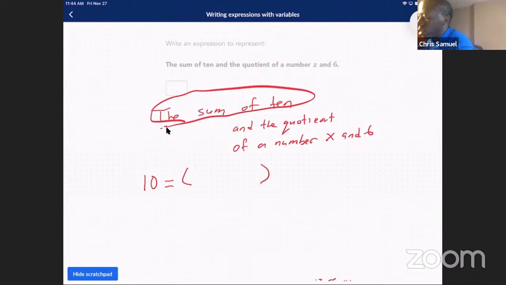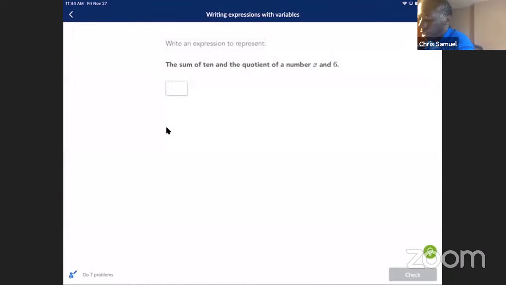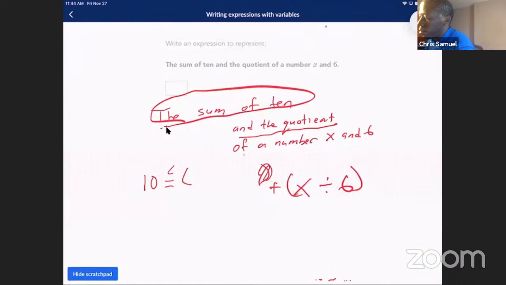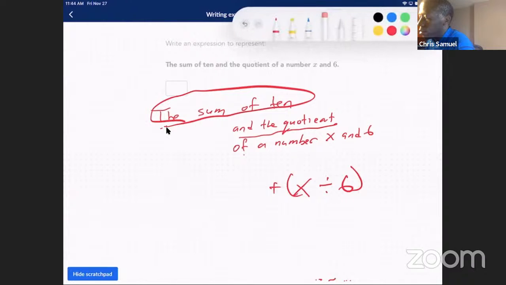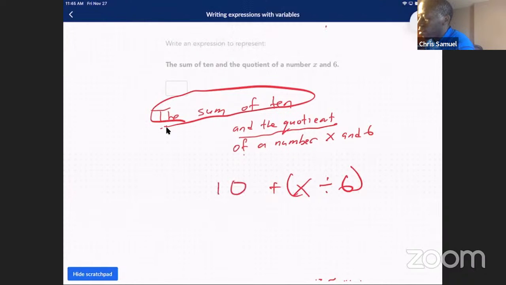So that's kind of, this is a little bit confusing. It says the quotient of a number x and 6. So x, the quotient would basically be this, right? And it says and, so it looks like we have this. And it says the sum of 10. So we have 10 here.